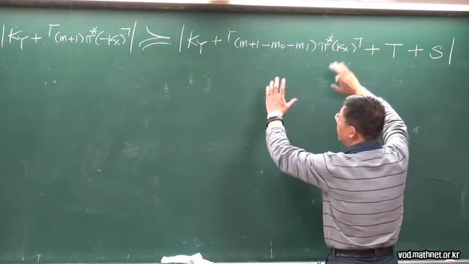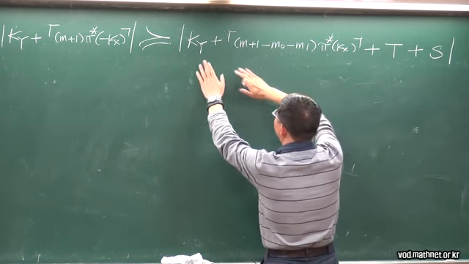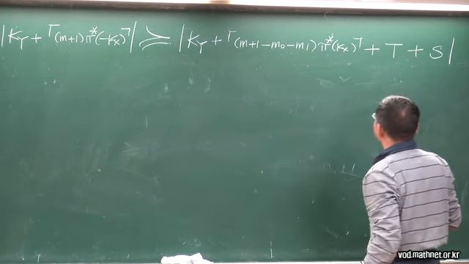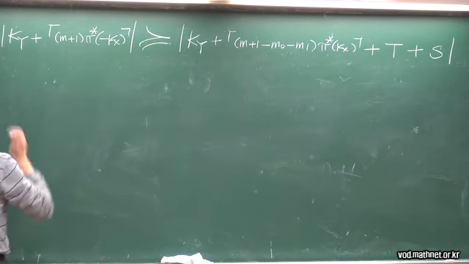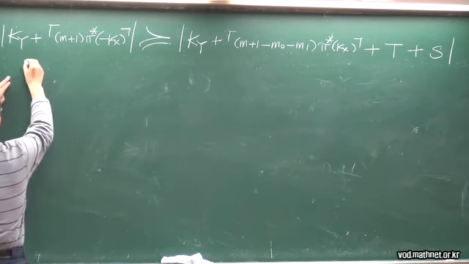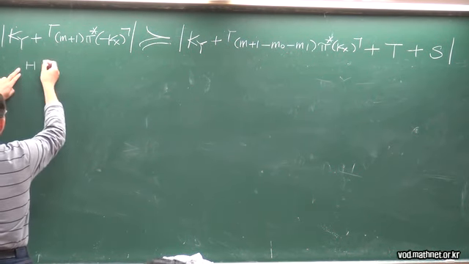So the Kawamata-Viehweg vanishing says that H1 of this is 0. So you have surjective maps.